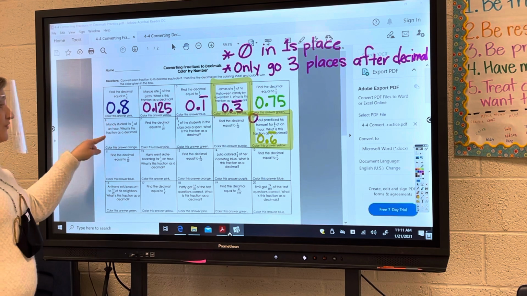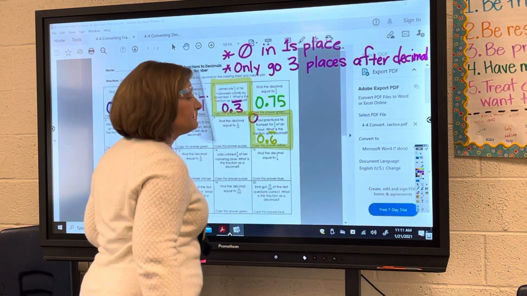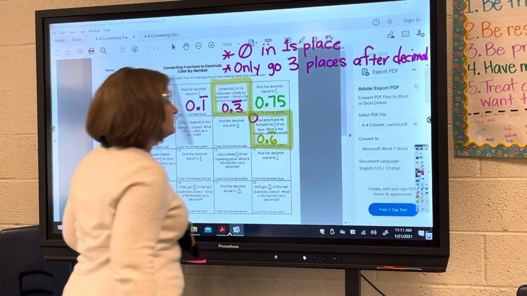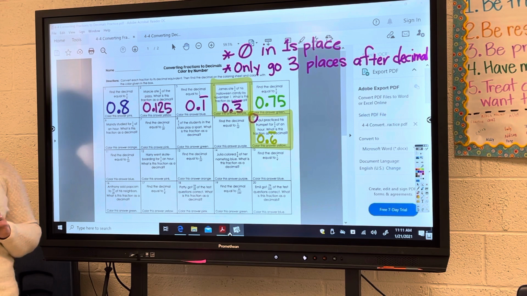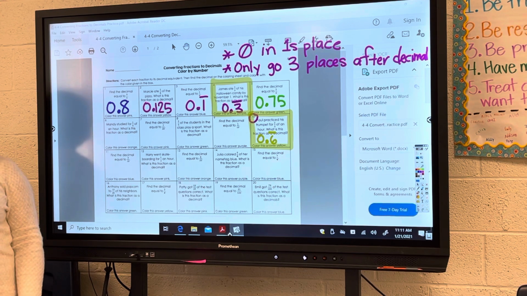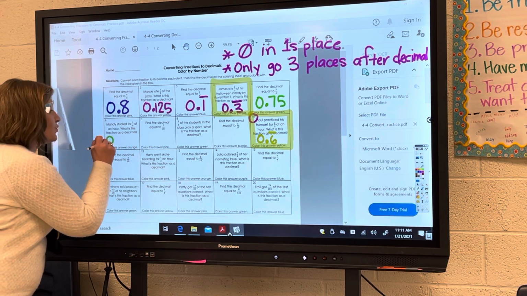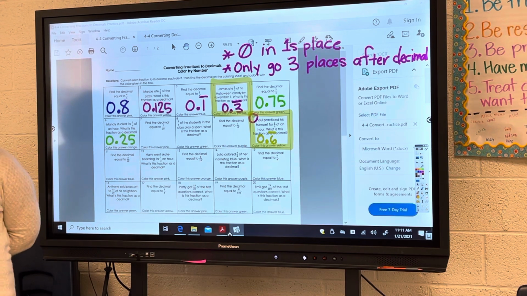What is this fraction as a decimal? Do you have to work that out? Probably not. 1/4 is what? 25 cents. If you can memorize those, it'll be easier.